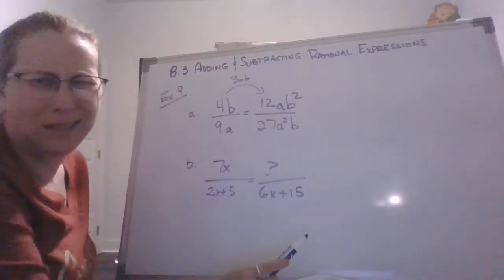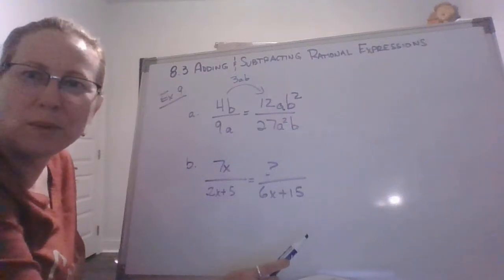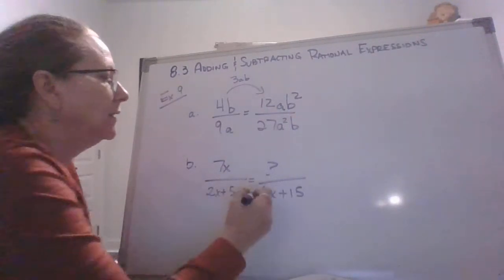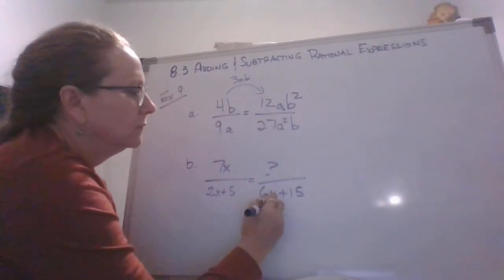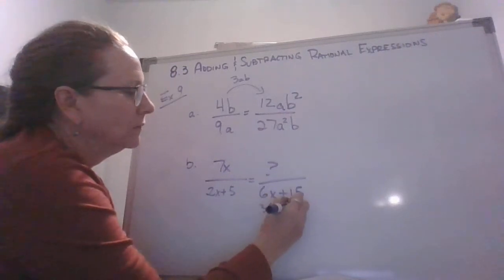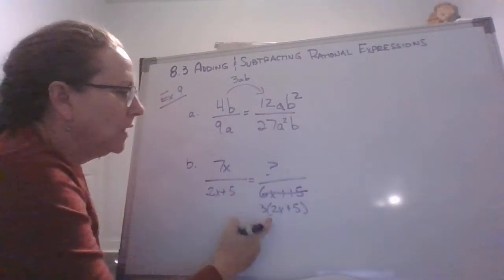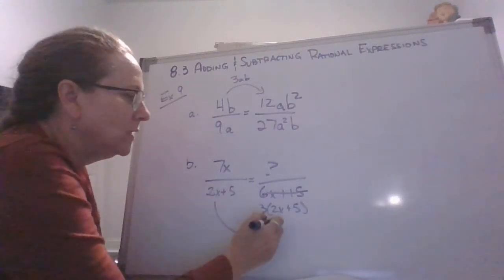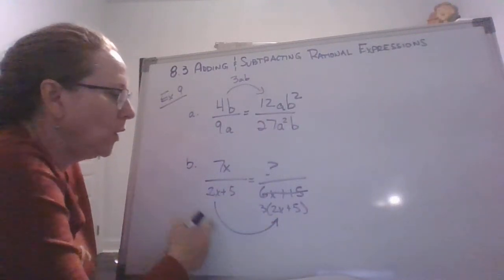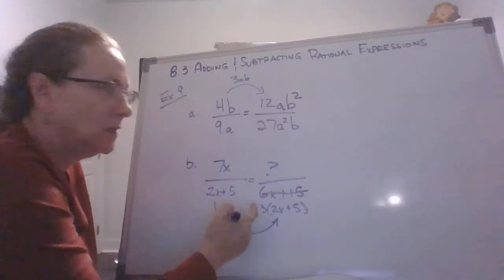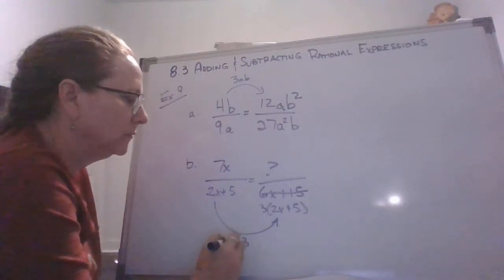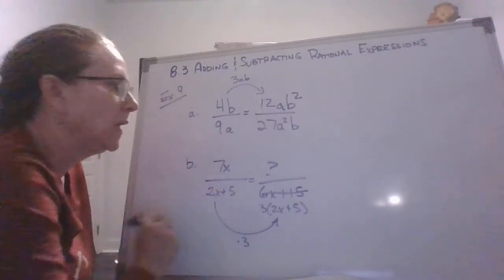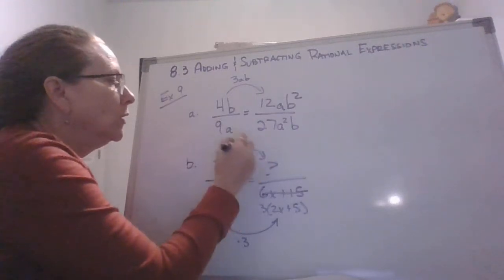Some of you will go, that's not that hard. You multiply by 3. But if you factor it, you can see, okay, yes, it is 3. To get from here to here, all we have to do is multiply by 3.